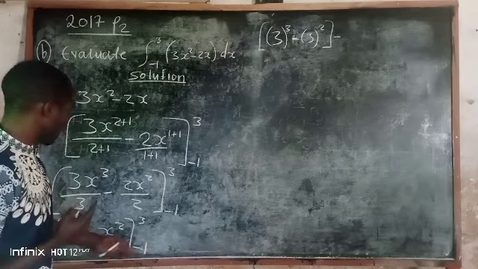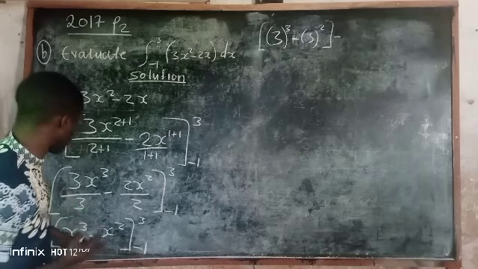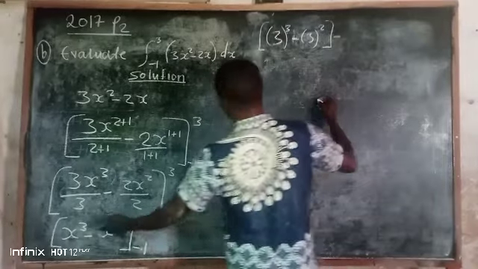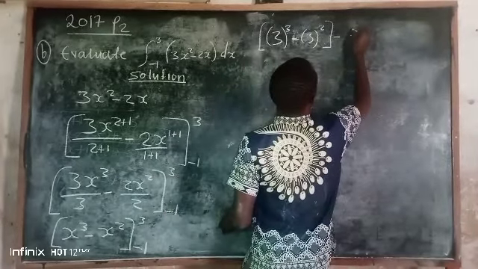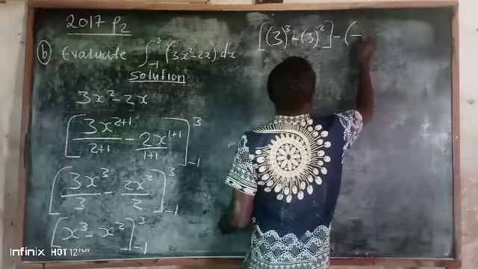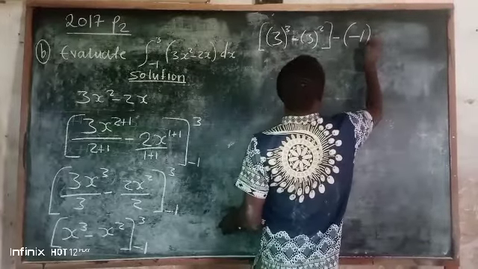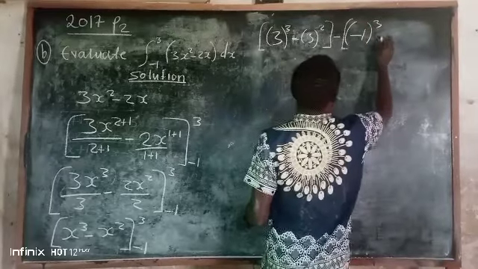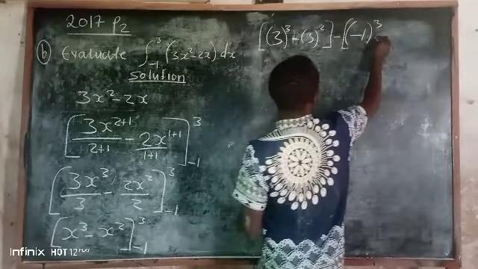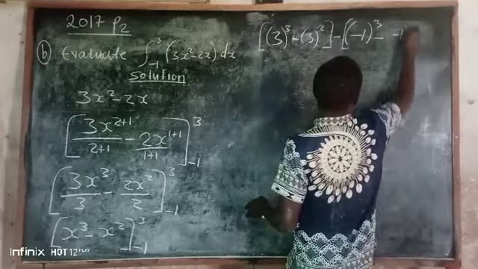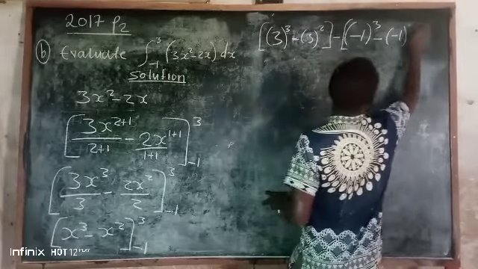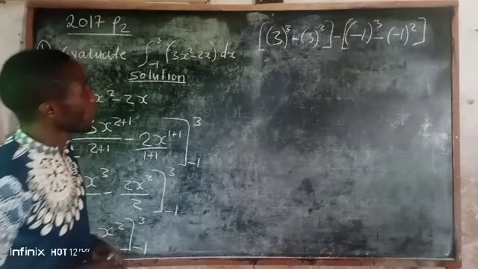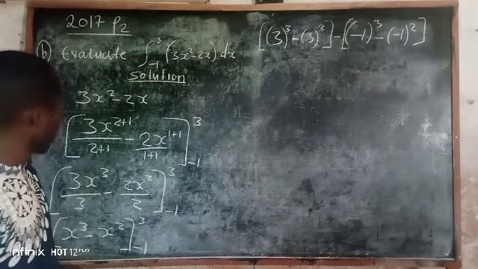So minus the lower limit, this time we substitute -1 in the same terms: (-1) power 3, then minus (-1) power 2. That is the way you are supposed to express it.